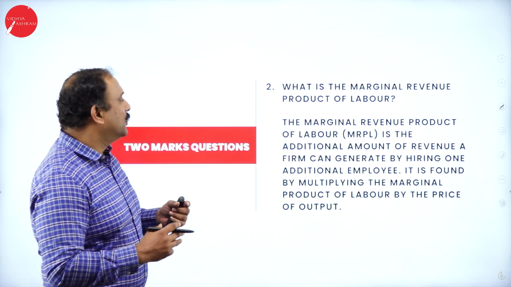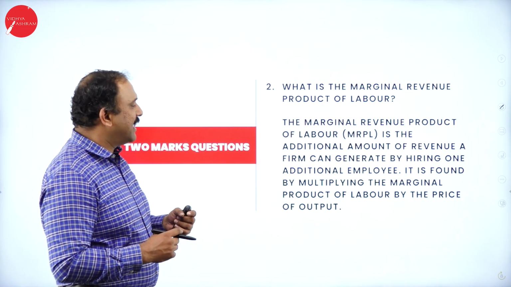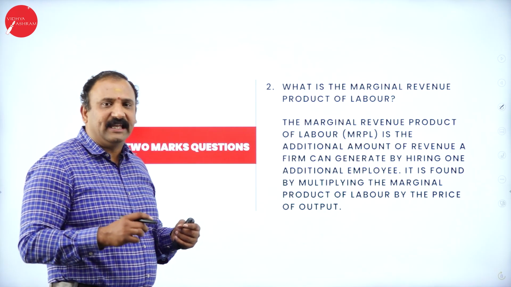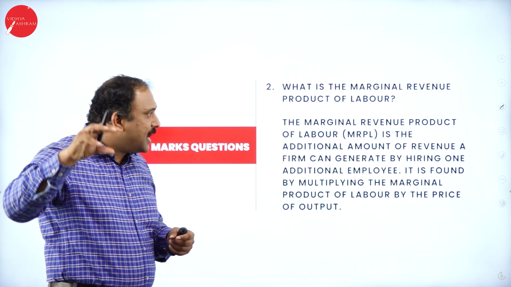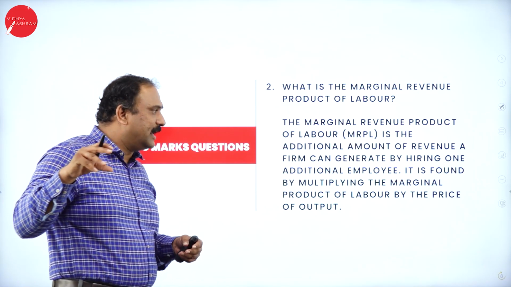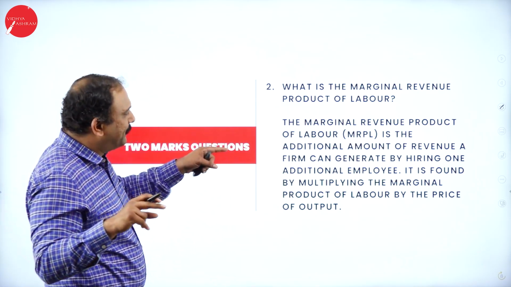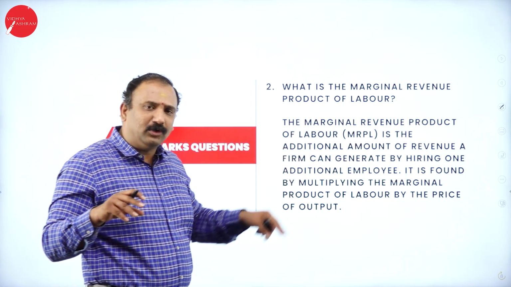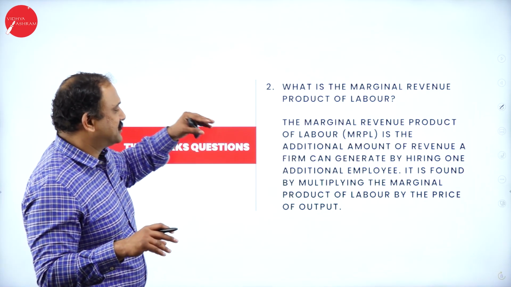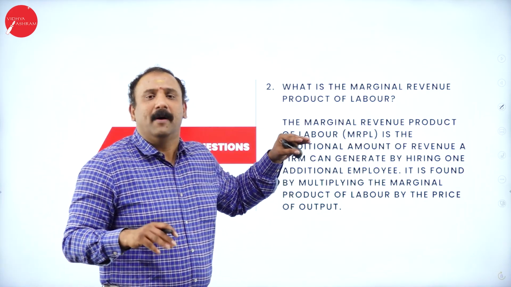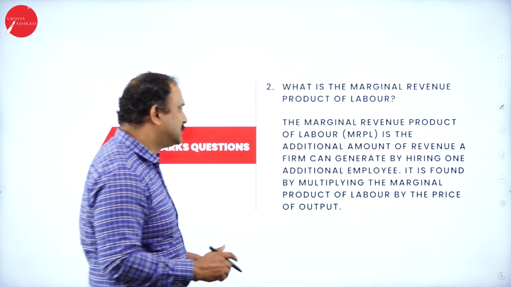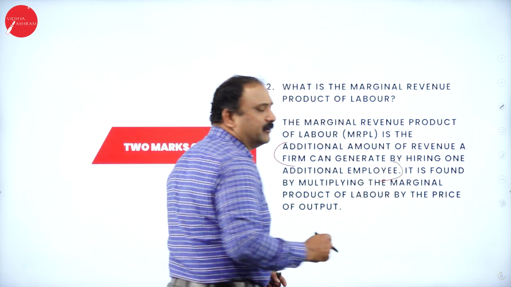So this is where we bring in the concept of the marginal revenue product of labor. Here you will be able to see that we are able to generate one more unit of value by hiring one employee. So this becomes very, very important for all of us.